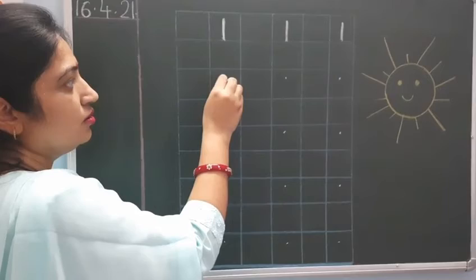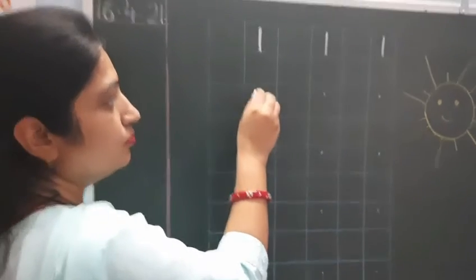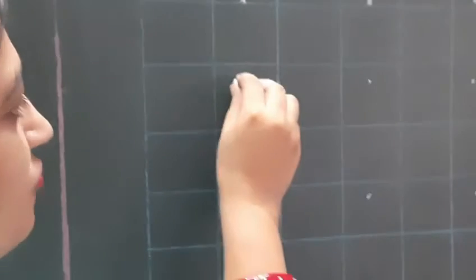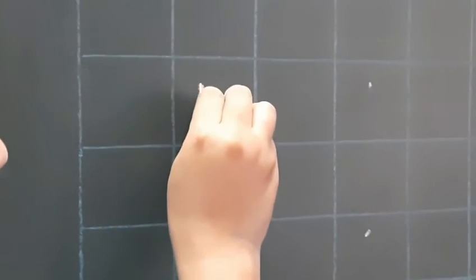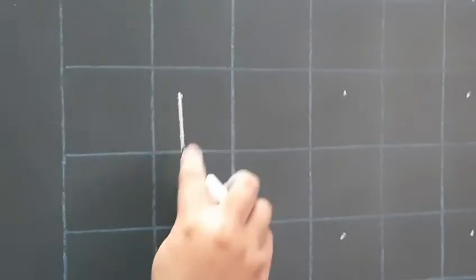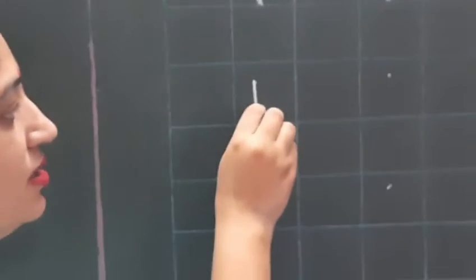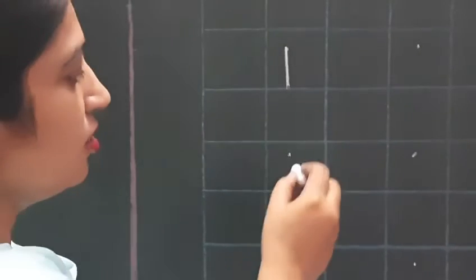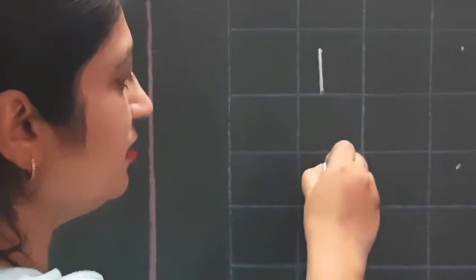See, you have to start from the middle. Your mummy or papa will put a dot here and you have to put your pencil on the dot, and then you have to make a standing line like this, and you have to touch the blue line. You have to write till this blue line, and then you have to leave the next block. Okay, now see, like this.